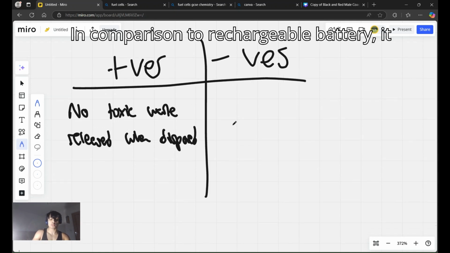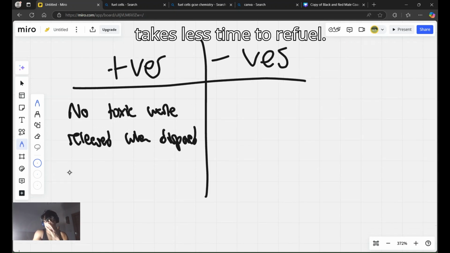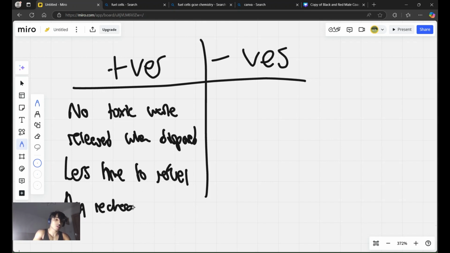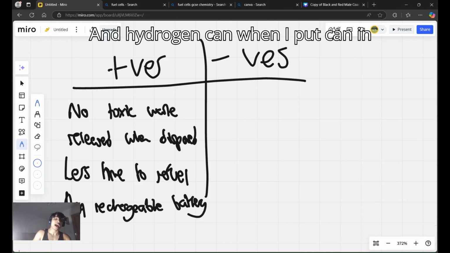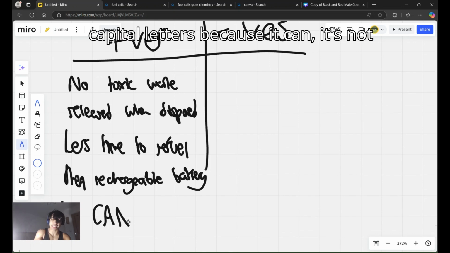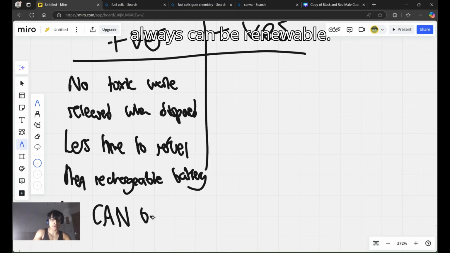In comparison to a rechargeable battery, it takes less time to refuel. And hydrogen can, I'm going to put can in capital letters because it's not always, can be renewable.